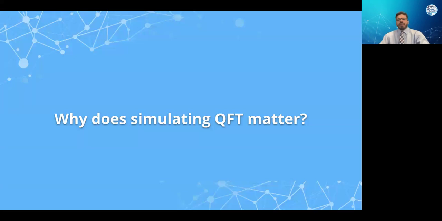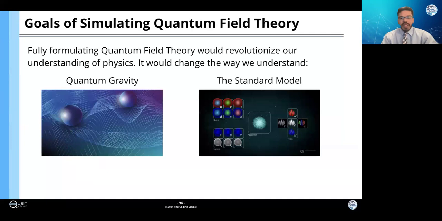Okay, so why do we care about simulating QFT? Well, this is something I think about a lot: quantum gravity. As I mentioned, QFT can combine quantum mechanics and special relativity. It can't handle general relativity, though.